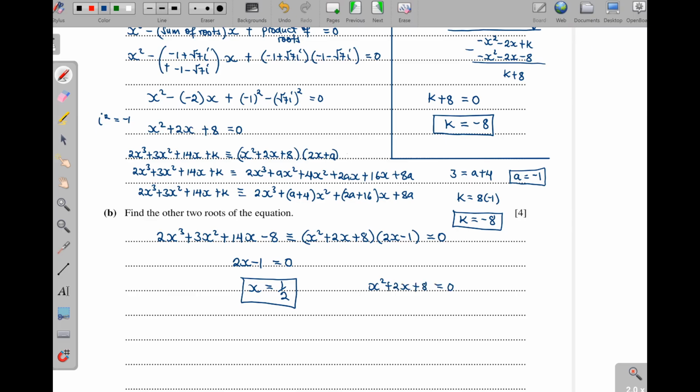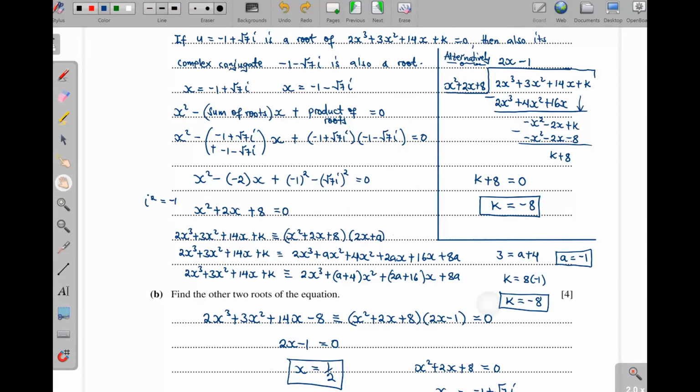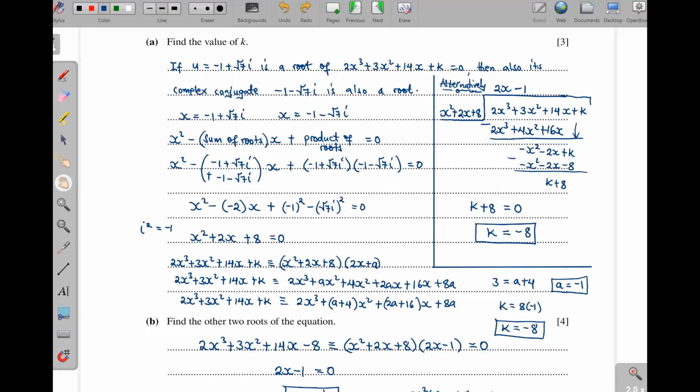When you equate this to 0, we already know that one is going to be negative 1 plus root 7i, and the other is going to be negative 1 minus root 7i. So the other two roots are these, where this one is the complex conjugate of the complex number which we were given. Is that clear?